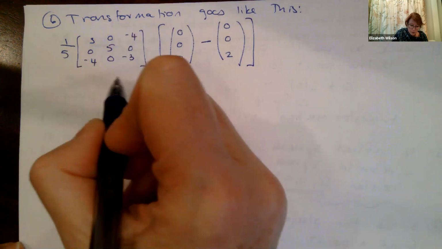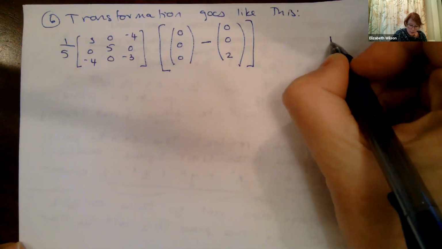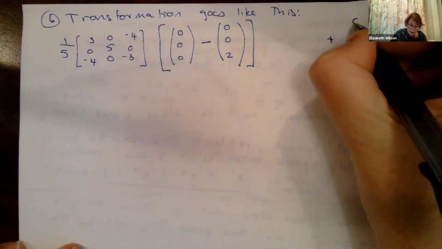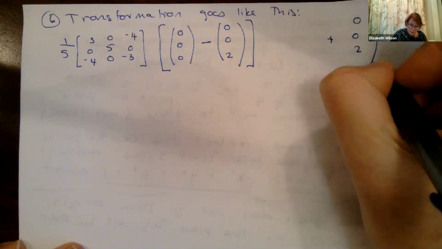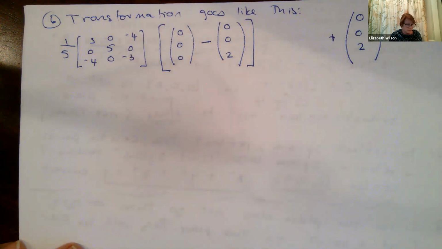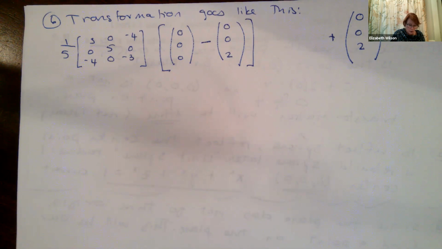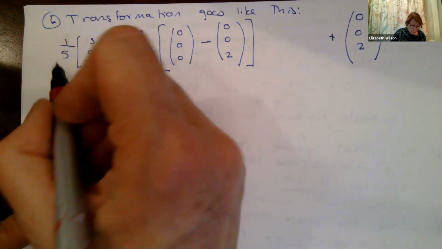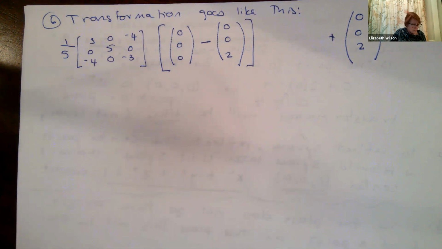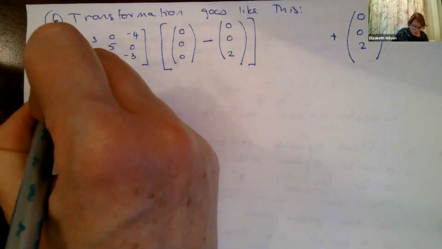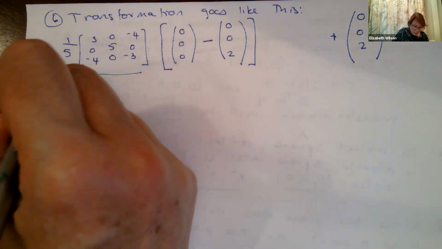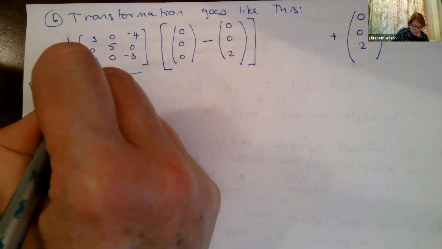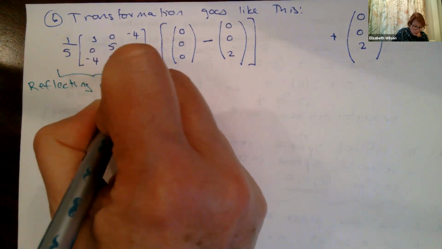I do the transformation, and then I have to shift our world back by adding back that same amount. So let's write down what these pieces are. This is reflecting across the plane.